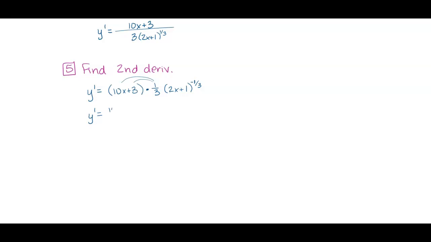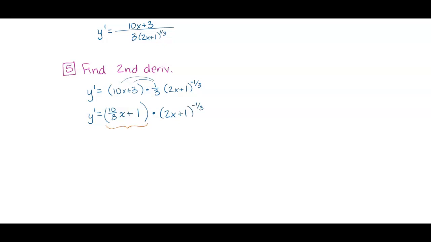So I'm just going to call this 10/3 x, and then 1/3 times 3 is 1. And then I don't have to deal with that 1/3 anymore. And then times 2x plus 1 to the negative 1/3.